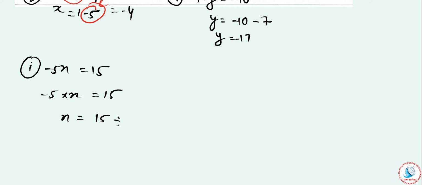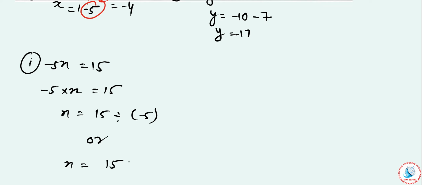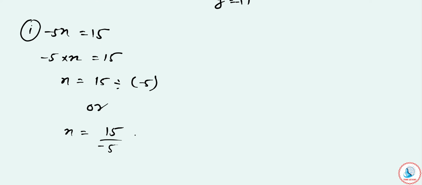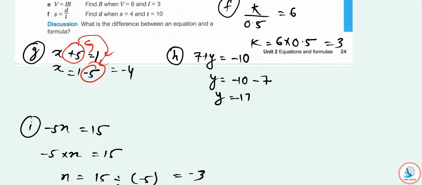So 15 divided by minus 5, or you can write n is equals to 15 over minus 5, which is also equals to this. So this is going to give you minus 3, right? So the answer for I is n is equals to minus 3.